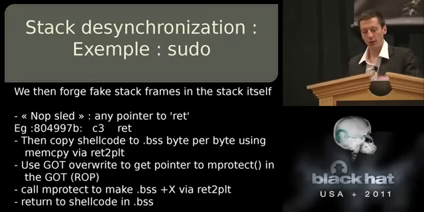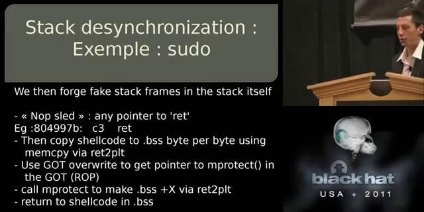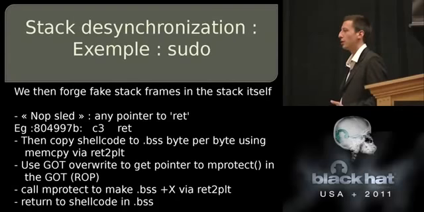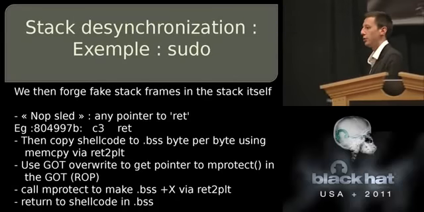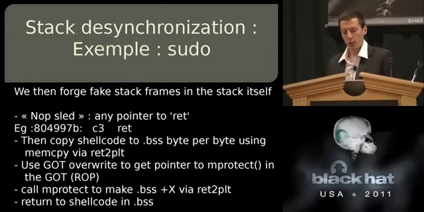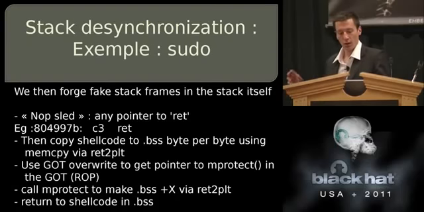You use a pointer to that as your NOP sled. Then the strategy is, for instance, I want to execute arbitrary shellcode, and I'm going to put it in the BSS section because it's writable, and I'm going to turn it into executable. It's worth noticing that the BSS is also not randomized in sudo.